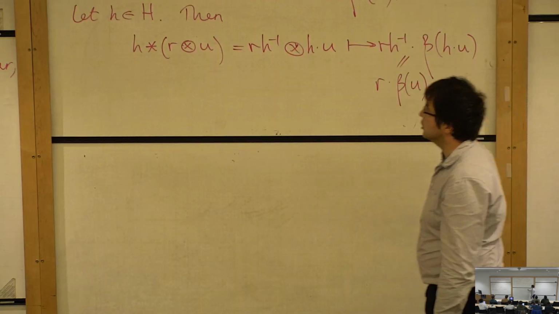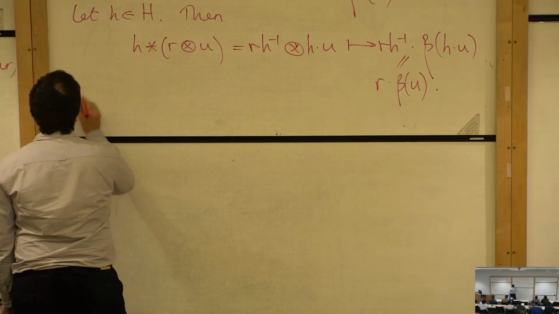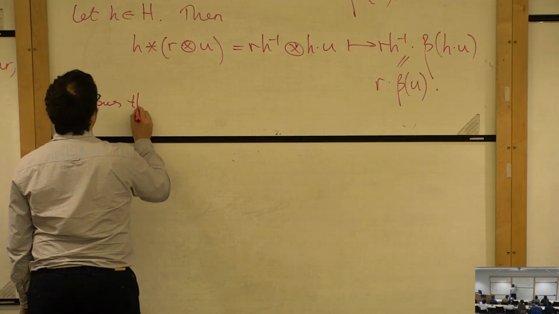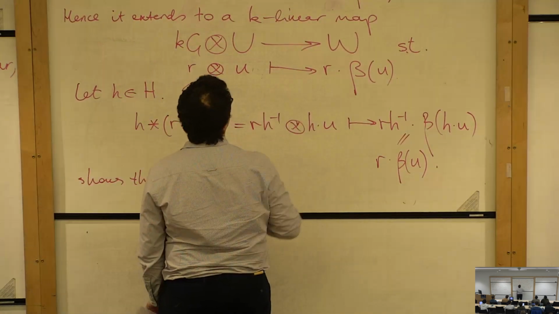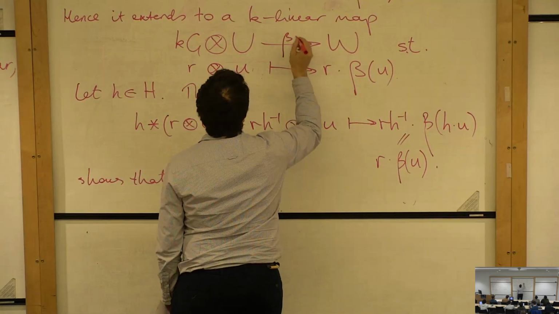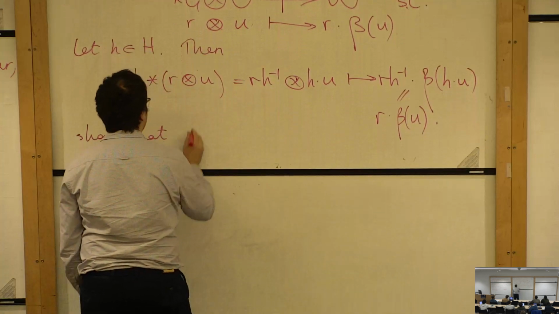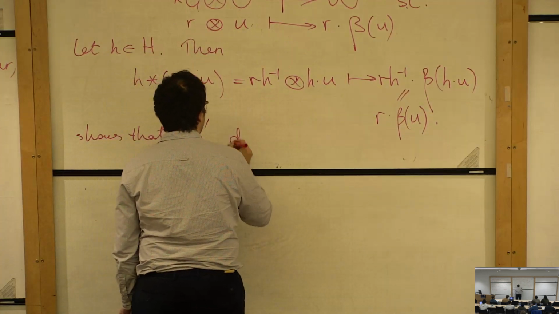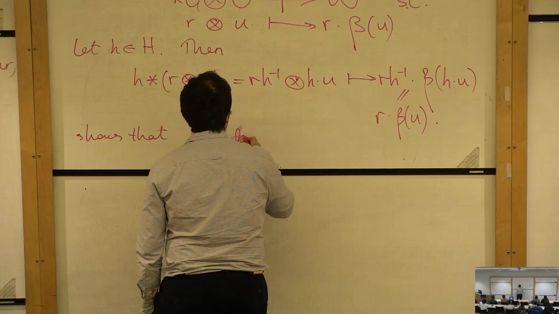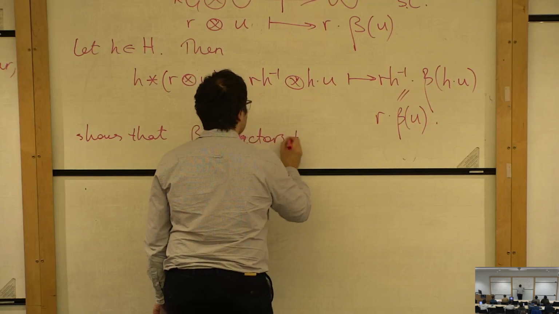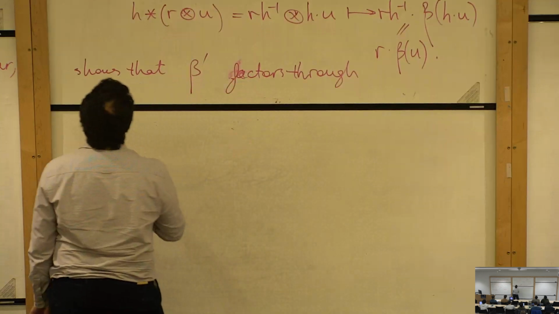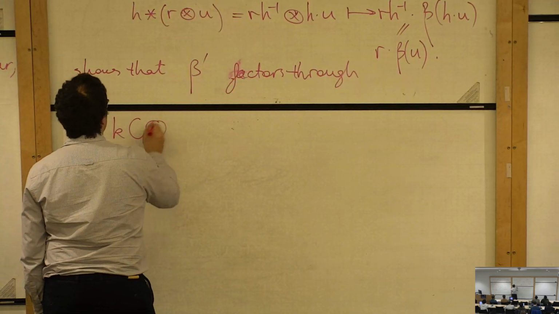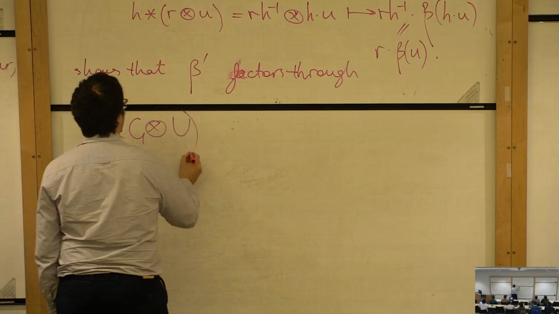And so this computation shows that, what shall I call this guy? Beta tilde, beta prime, why not? Beta prime descends or factors through the co-invariant with respect to the right action of H on the tensor product.